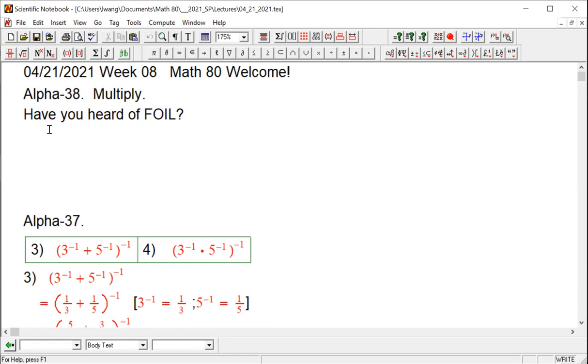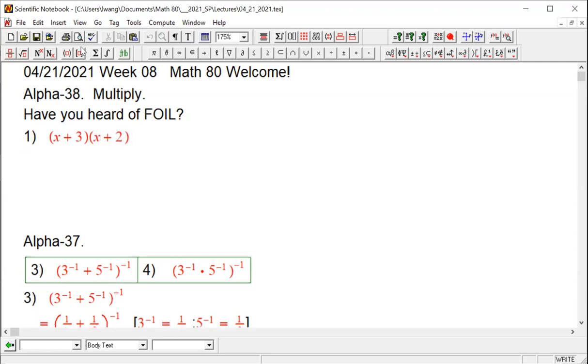Okay, it's FOIL. So take the first, for example, the easiest one out there. x plus 3, x plus 2, right? We have actually done similar things in the section on quadratics. Some of these are quadratic, and of course some of these are non-quadratic.